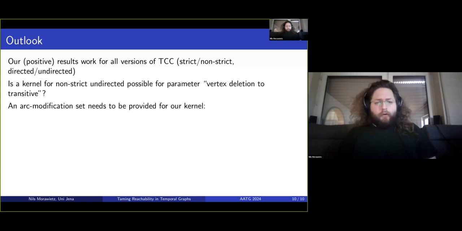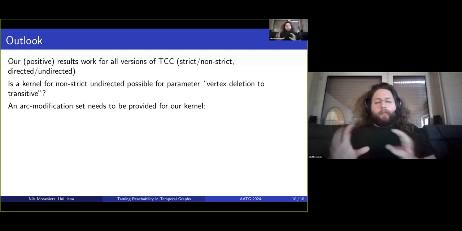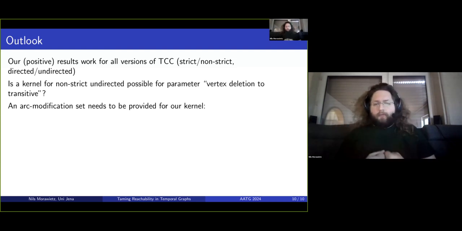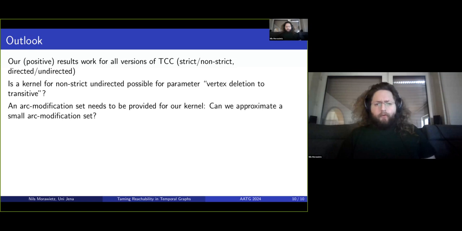And for our kernel, for the arc modification distance, as I mentioned, we need to be given an arc modification set. So it would be interesting to know if we can approximate such an arc modification set of small size efficiently.